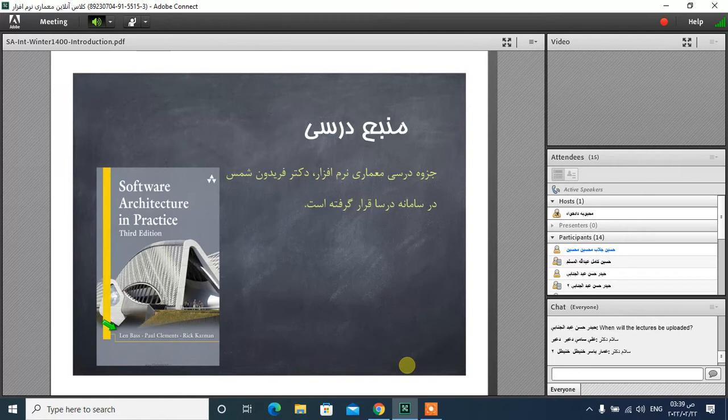The reference of our course is this book, Software Architecture in Practice, the 3rd edition, written by Len Bass, Paul Clements, and Rick Kazman. And also we have a Persian book about software architecture written by Dr. Shams.